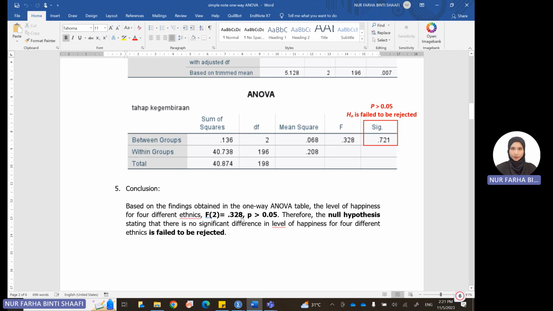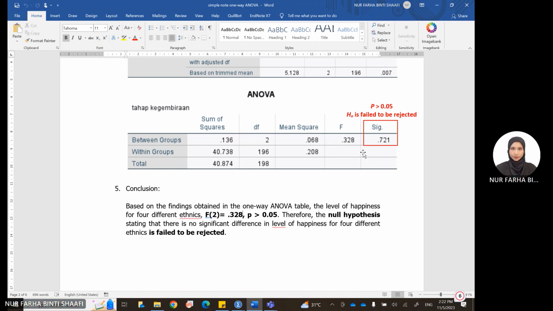So from here, you can say that the significant value, 0.721, is more than 0.05. Therefore, the null hypothesis, which states that there is no significant difference in the level of happiness for 4 different ethnic groups, fails to be rejected.